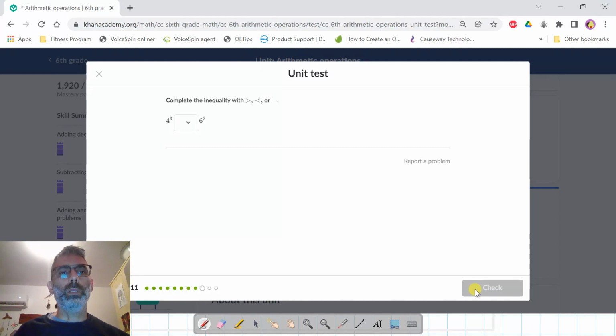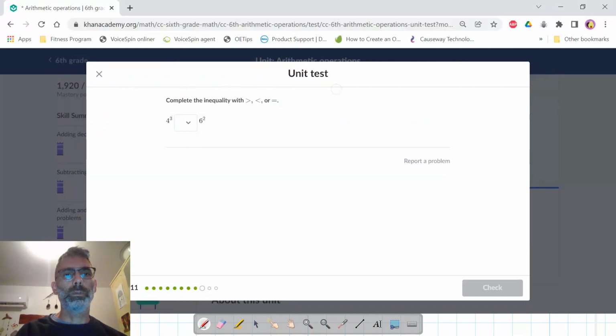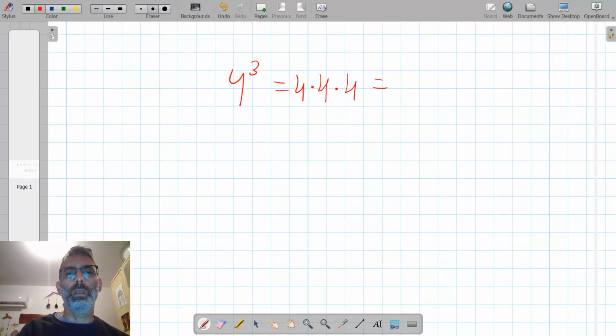Complete the inequality with greater than, less than, or equals. Okay. 4 to the power of 3, or 4 cubed, is 4 times 4 times 4. 4 times 4 is 16. 16 times 4 is 64. 10 times 4 is 40. 6 times 4 is 24. 40 plus 24 is 64.